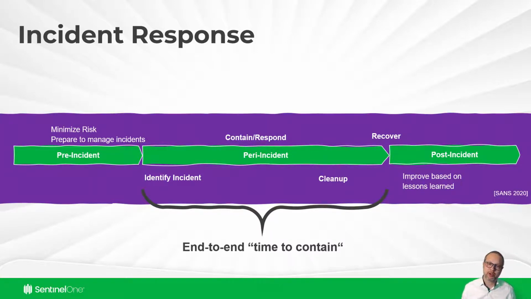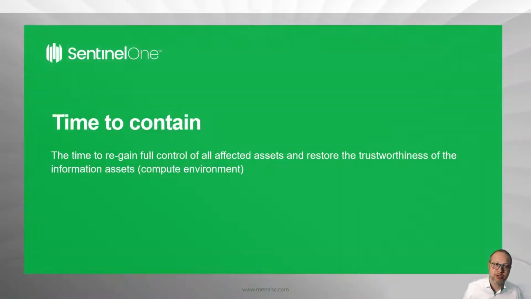So identifying it early and also working on the containment very early and very quickly and effectively, that's key to actually containing the incident. And that's key to the objectives that we have in protecting the confidentiality, integrity, and availability of compute assets. So time to contain is really what I like to focus on.